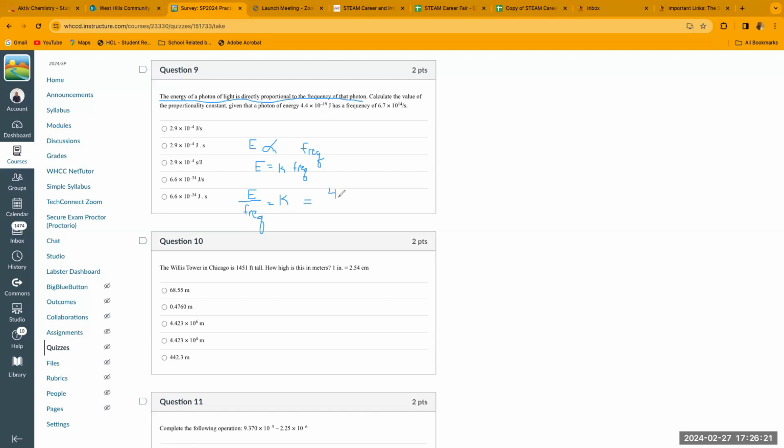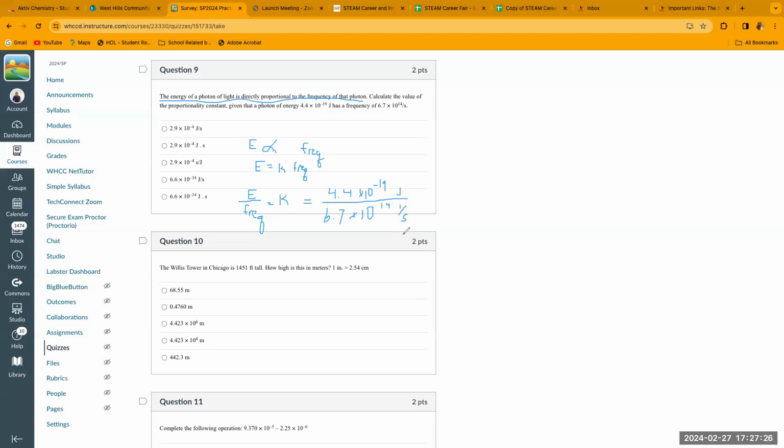So we have 4.4 times 10 to the minus 19 joules over 6.7 times 10 to the 14th, and that's 1 over seconds.